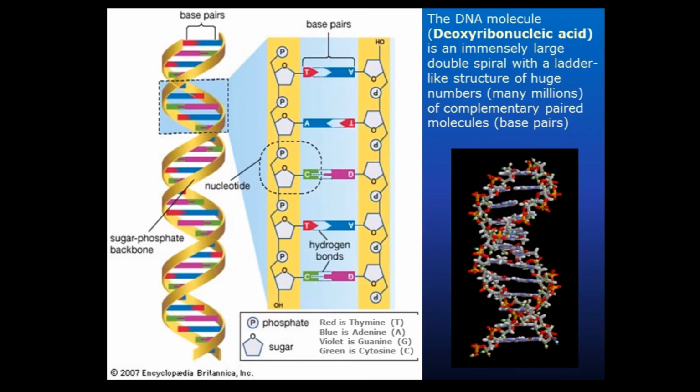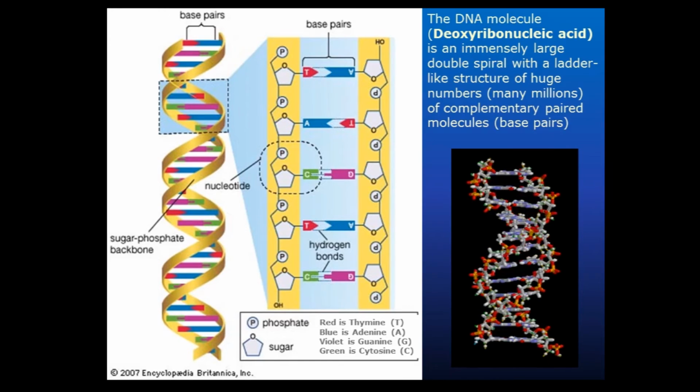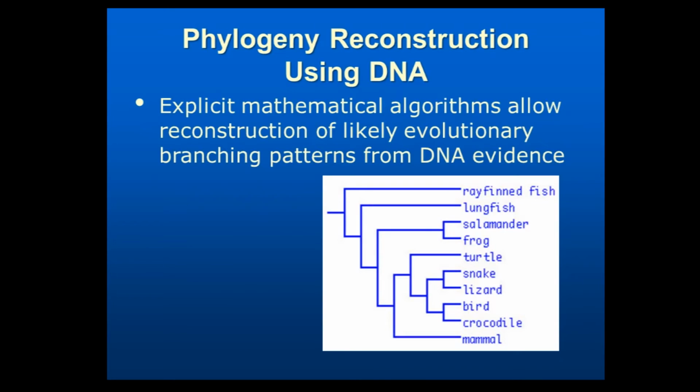So these equations that allow the reconstruction of these evolutionary branching patterns produce a diagram kind of like this. And you have to think of these diagrams as hypotheses, but they're pretty solid, and this is the kind of thing that you can look at. People carelessly say things like, we're descended from apes, and apes are descended from monkeys, and monkeys are descended.